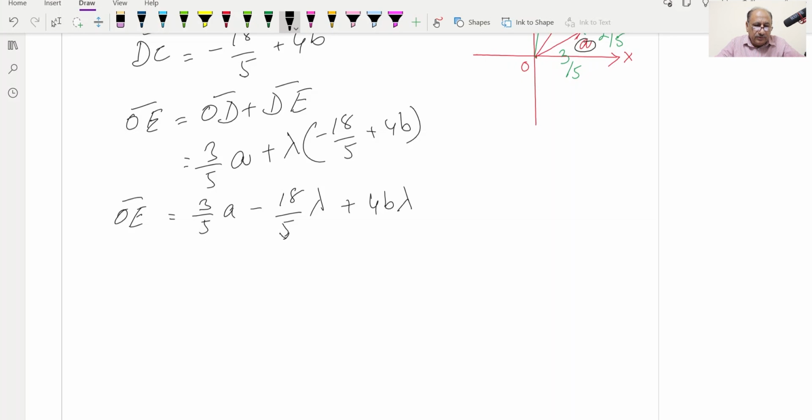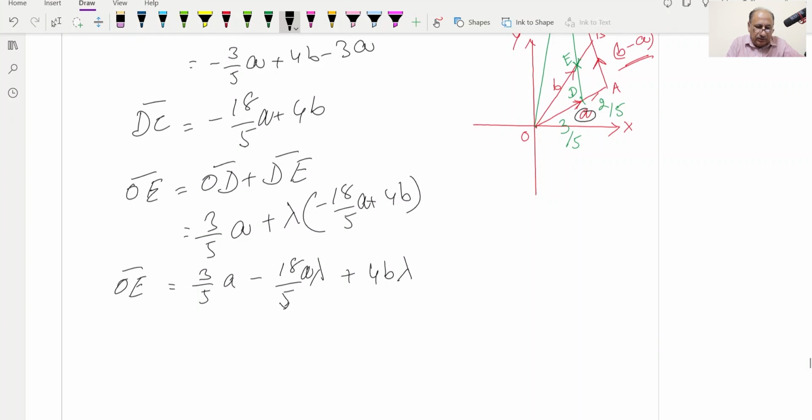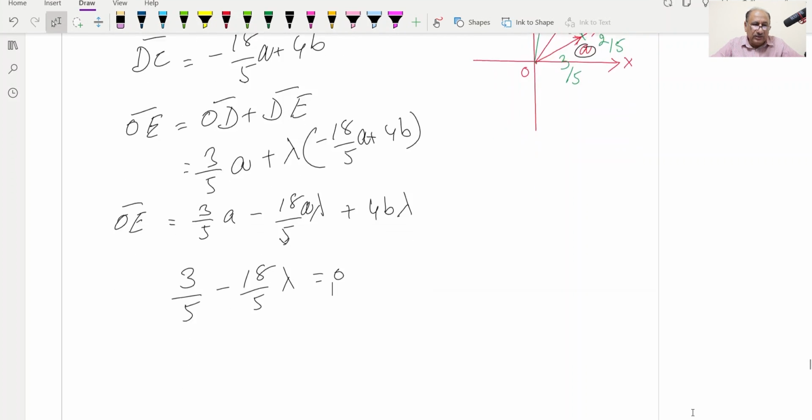Basically we missed A over here with minus 18 by 5, and here also we missed A. It is good that we have made this correction. If we take the coefficient of A, it is 3 by 5 minus 18 by 5 lambda, and this is equal to 0.